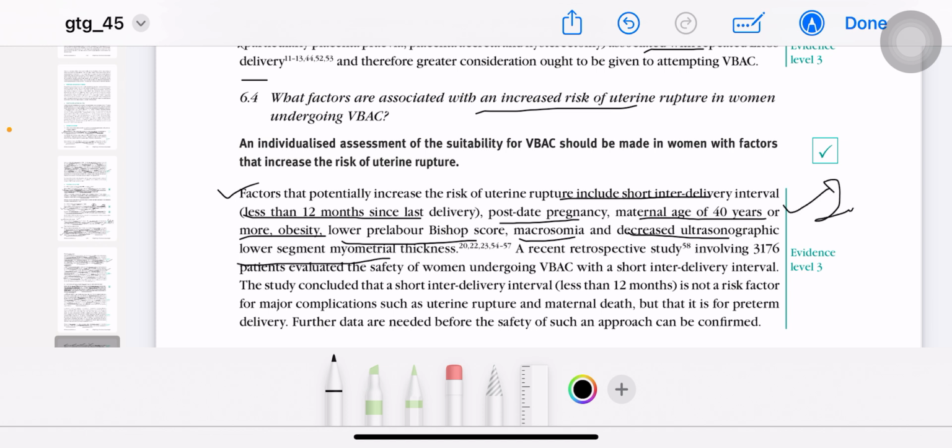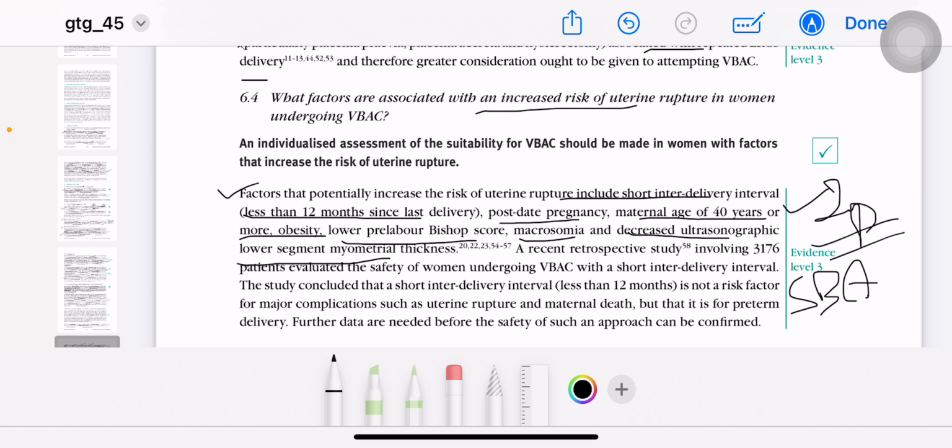So these are the important points you have to know from the exam point of view, and from the clinical point of view, when you are doing your training and taking the history from a patient with one previous C-section, the important things you have to ask are when was her previous cesarean section, what are her dates, what about the baby weight, and what is the ultrasound lower segment myometrial thickness.